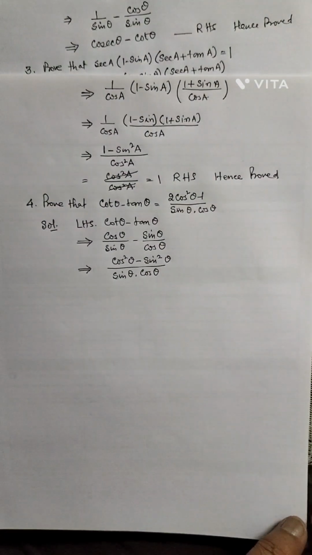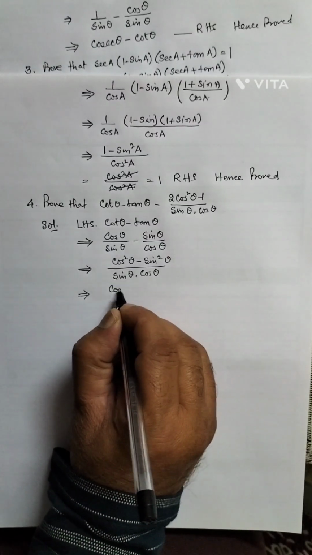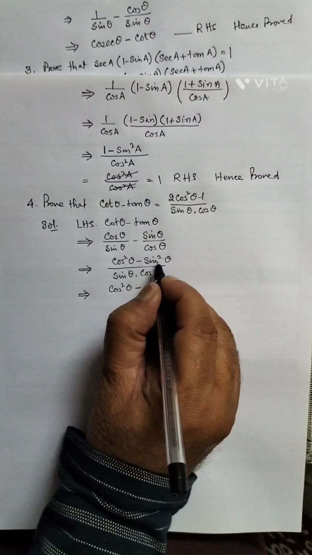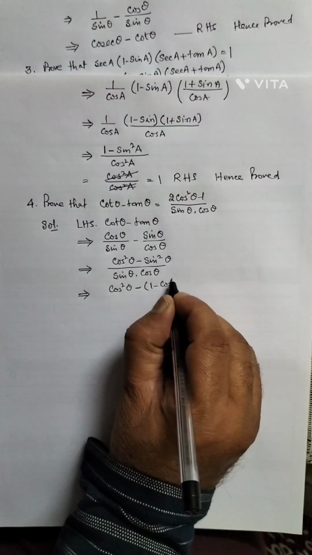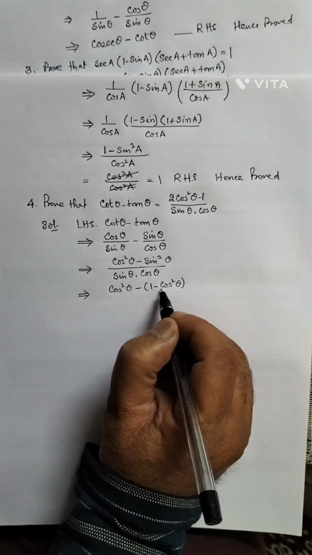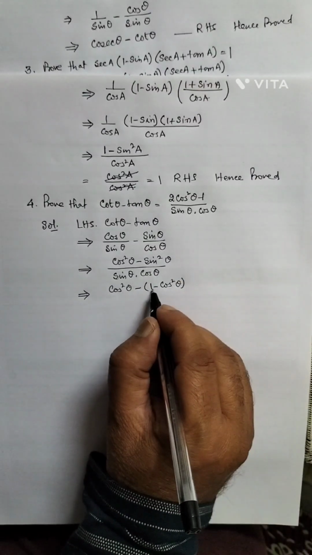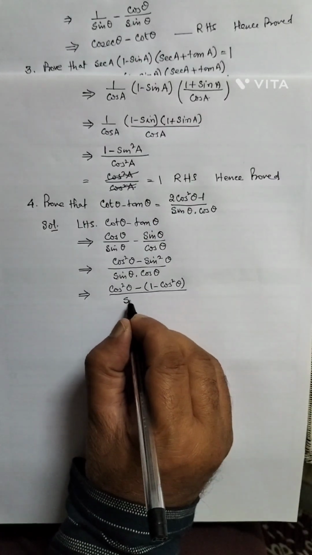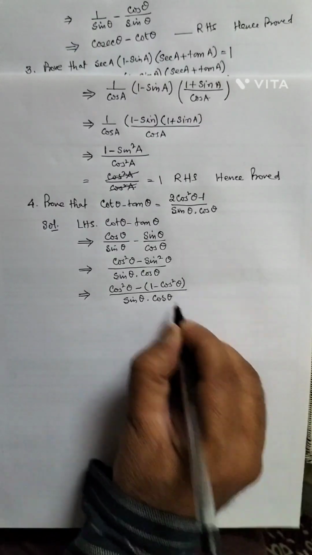Now, making use of the identity, in the next step, cos square theta minus, instead of sin square theta, I'll write 1 minus cos square theta, as we know that sin square theta is equal to 1 minus cos square theta. So I have put in place of sin square theta 1 minus cos square theta, and in denominator it is sin theta times cos theta.